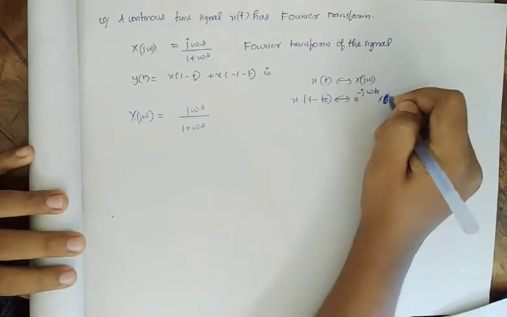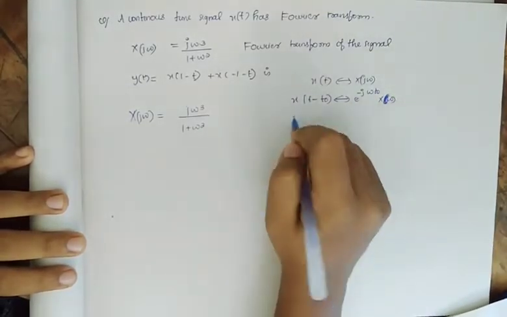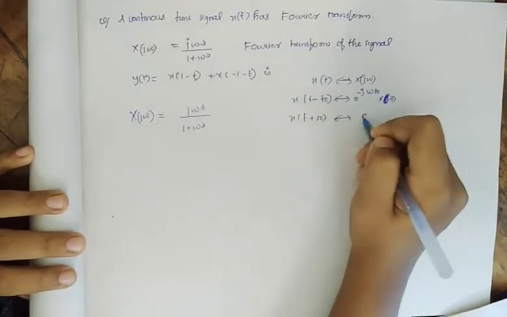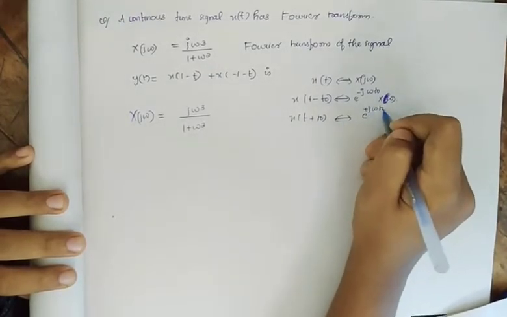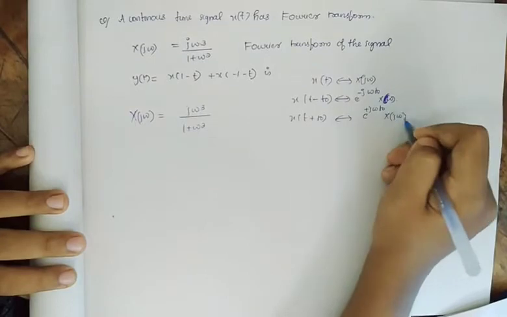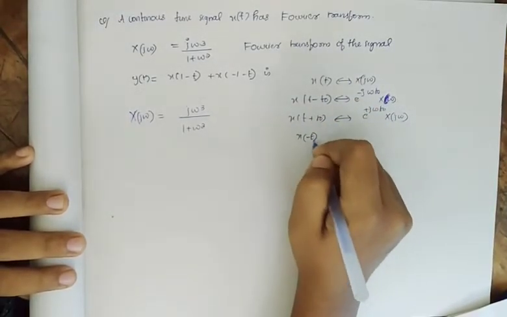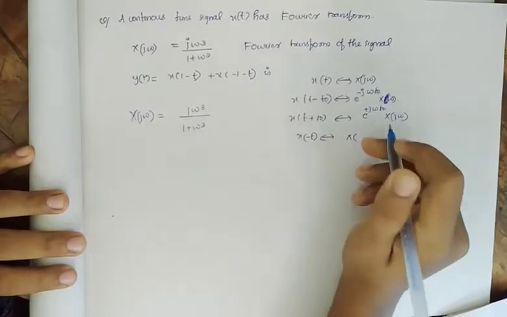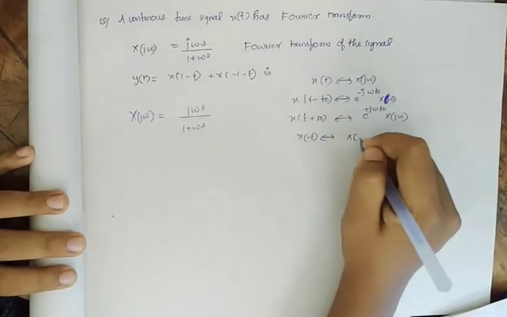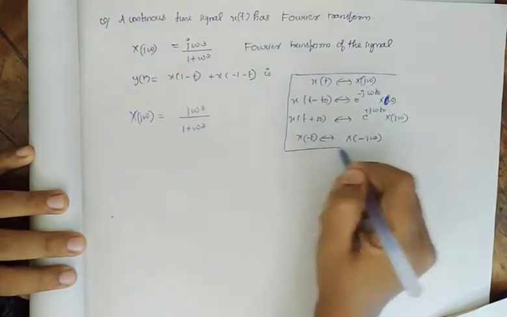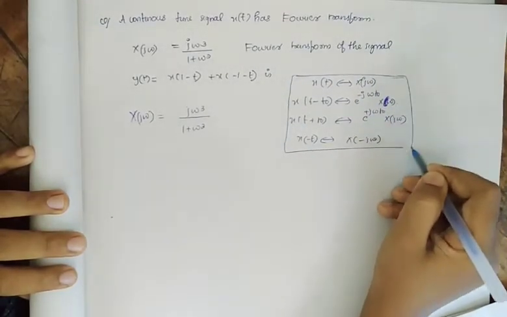It will be multiplied by e raised to minus j omega t0, and x of t plus t0 will have a Fourier transform of e raised to plus j omega t0 times X of j omega. And also x of minus t will give us X of minus j omega. So these are the properties that we are going to use here.